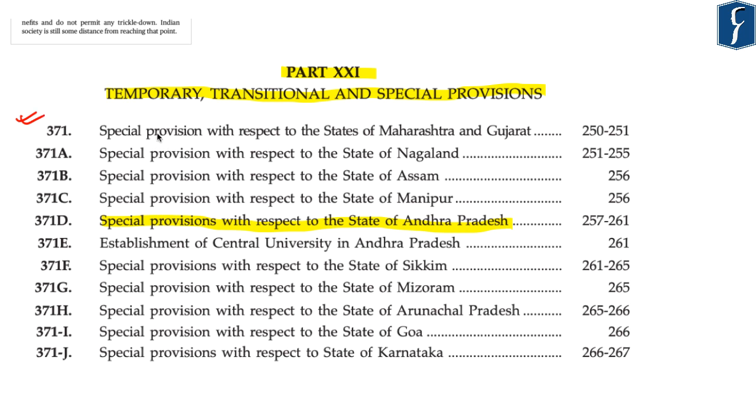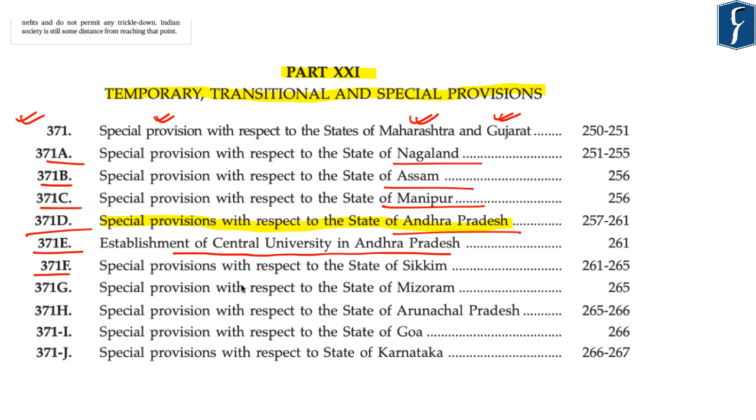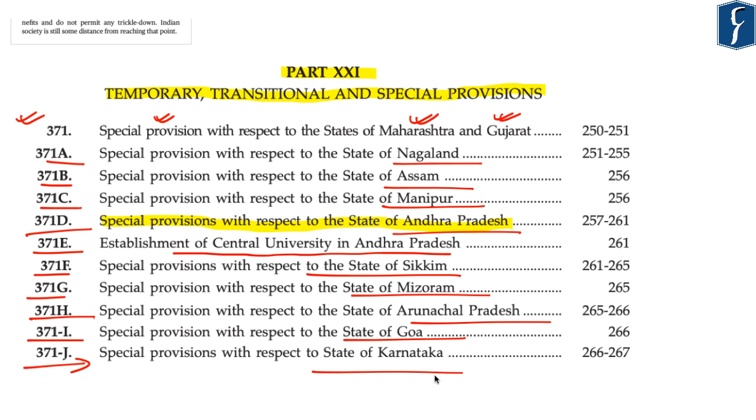Article 371 provides for special provision with respect to the states of Maharashtra and Gujarat. 371A provides for Nagaland, 371B for Assam, 371C for Manipur, 371D for Andhra Pradesh, 371E for establishment of Central University in Andhra Pradesh, 371F for special provision with respect to the state of Sikkim, 371G with respect to the state of Mizoram, 371H with respect to Arunachal Pradesh, 371I with respect to the state of Goa, and 371J with respect to the state of Karnataka.